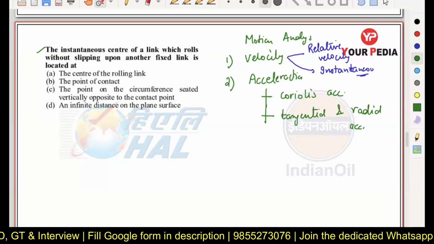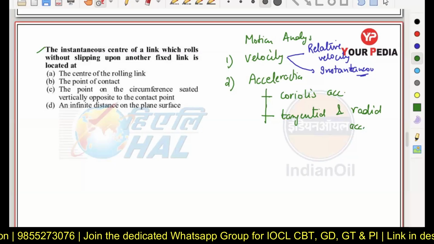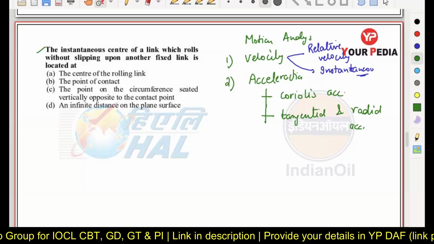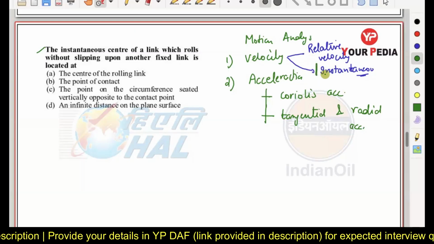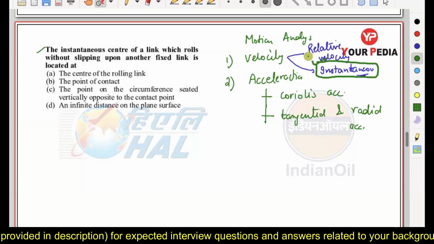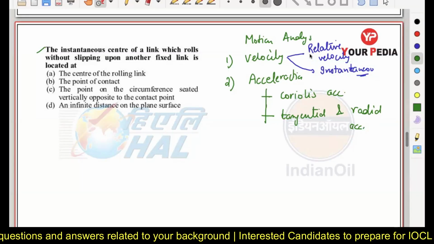So there we have to use the relative velocity method, or the instantaneous center method. Instantaneous center method finds its usefulness here because it is a very simple method. What does it simply tell you? It simply tells us that instantaneous center is an imaginary point about which we assume the body is having a pure rotation at a certain instant of time.